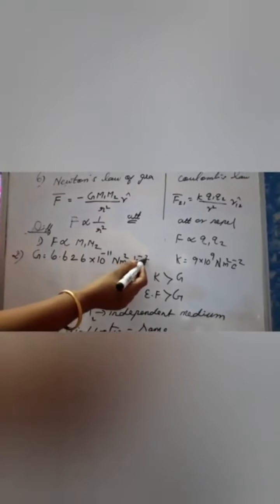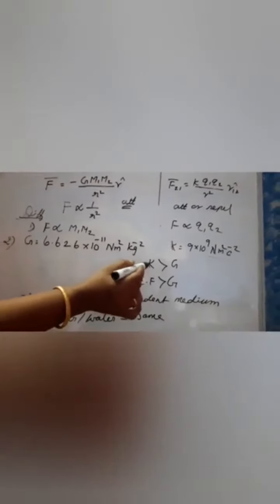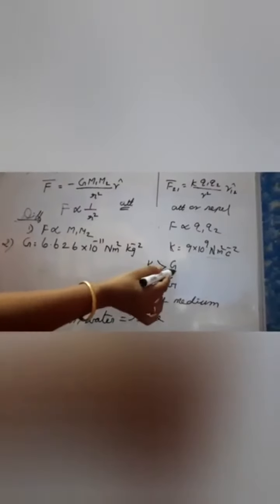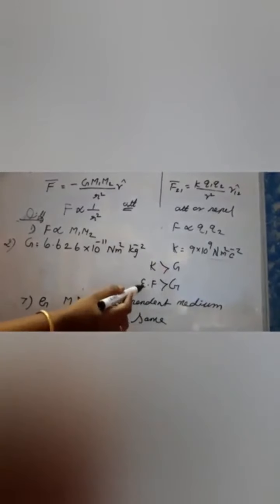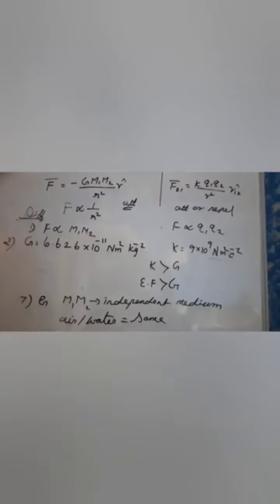In Coulomb's law, the K value is 9 into 10 power 9 Newton meter square Coulomb to the power of minus 2. The K value is much greater than the G value. Therefore, the electrostatic force is always greater than the gravitational force.